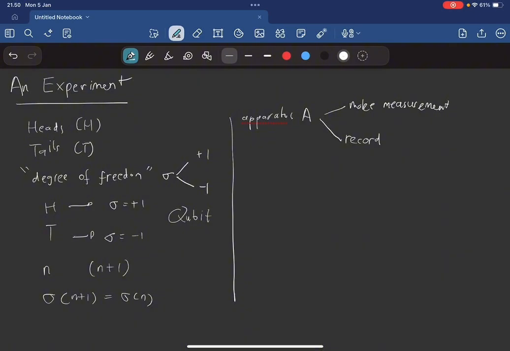In the case of the two-state system, the apparatus interacts with the system, or the spin, and records the value of sigma. Think of the apparatus as a black box. A black box here means we have no knowledge of what is inside the apparatus or how it works.